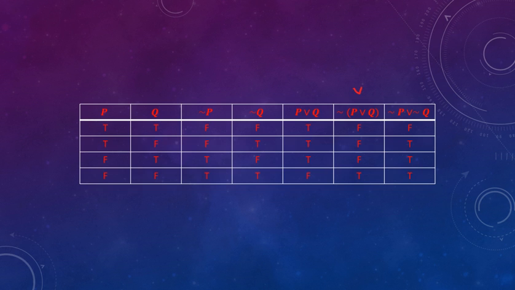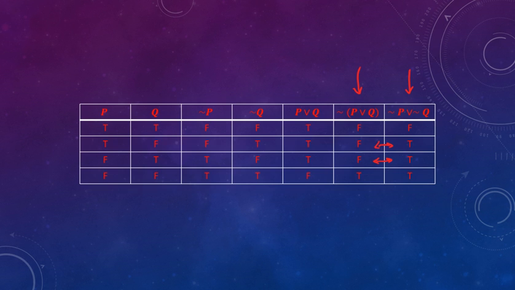Now, take a look at these two columns. These are the two forms that we wanted to compare, or actually we want to show that they were not logically equivalent. And we see that for these two columns, there are two rows here where the truth values are not the same. One is false, the other one is true.